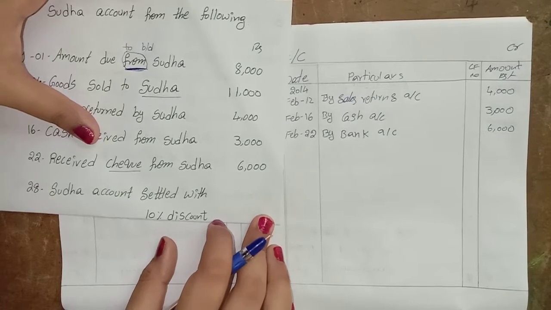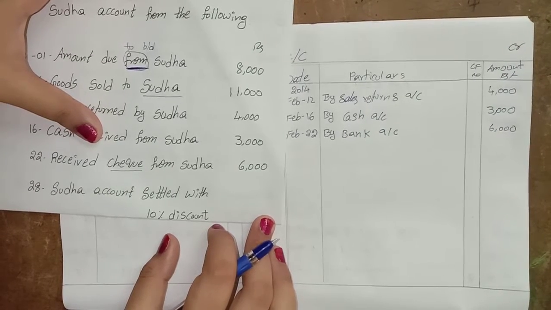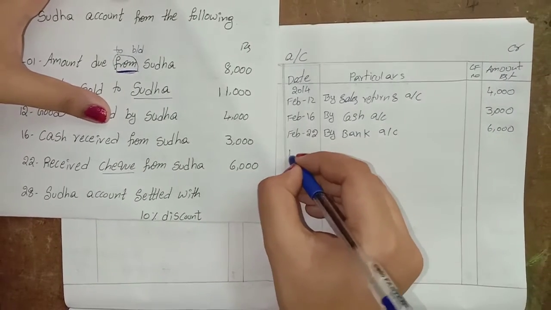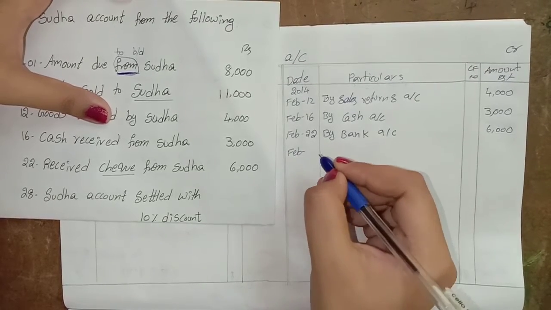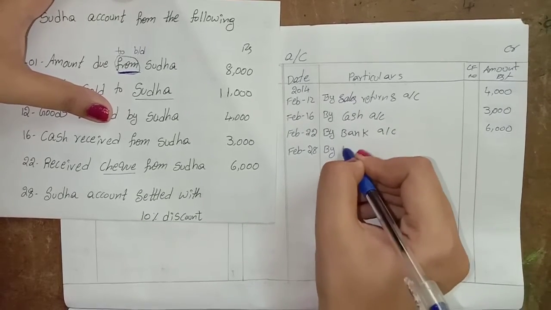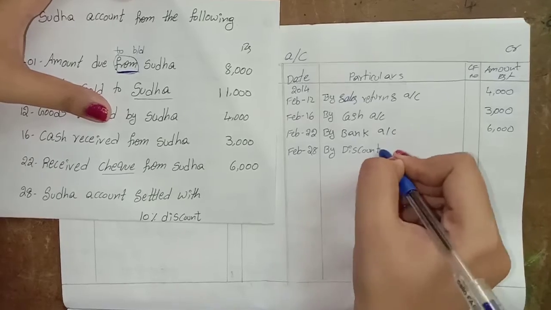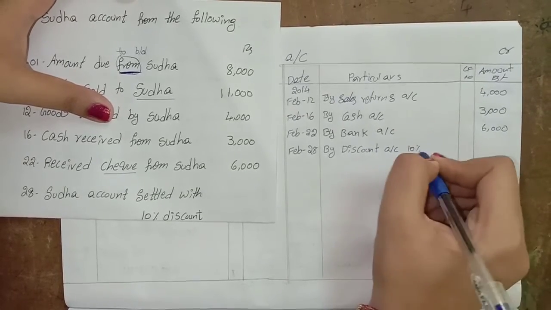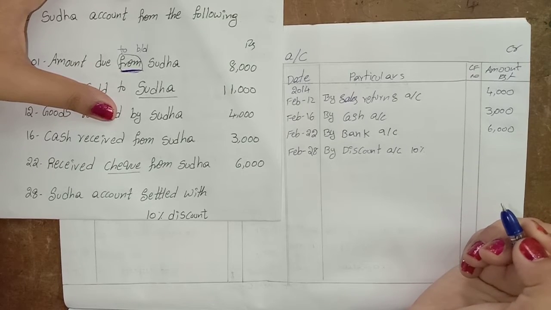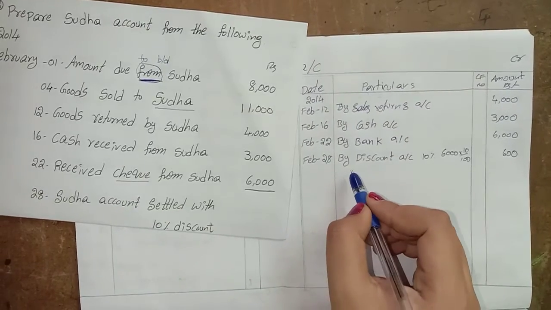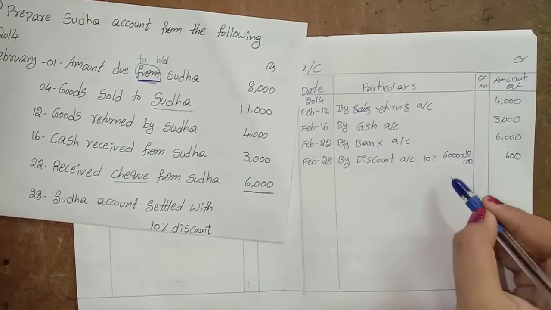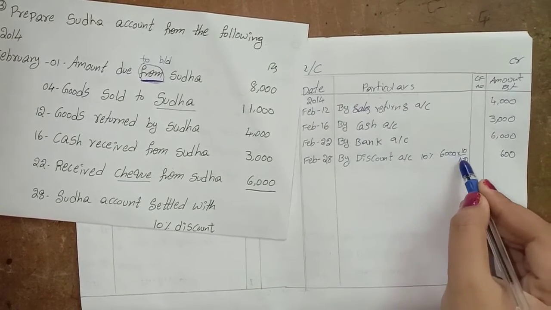So the transaction is discount account debtor to Sudha account. Sudha is in credit, so we have to credit the discount. On which amount do we have to make 10% discount? We have to make discount on this 6,000 rupees. 6,000 into 10 by 100.